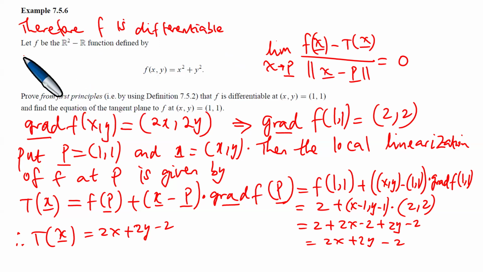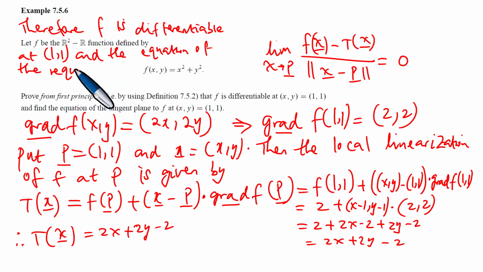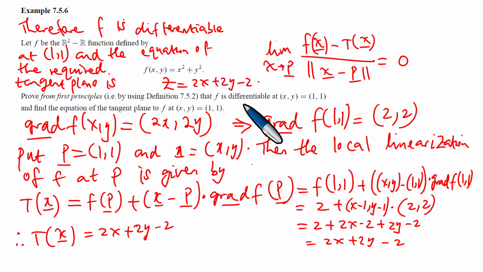It's differentiable at 1, 1, and the equation of the required tangent plane becomes z equals 2x plus 2y minus 2.